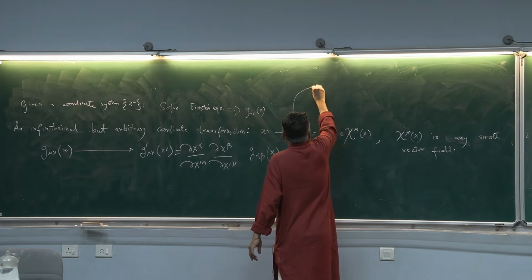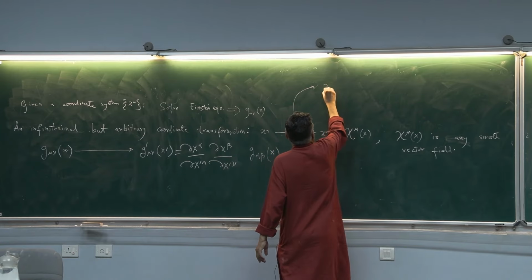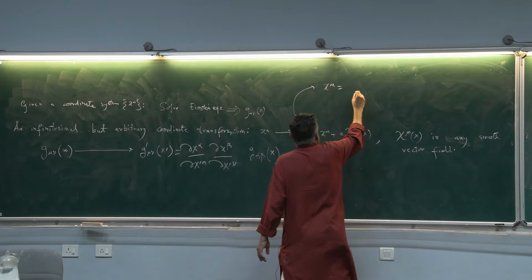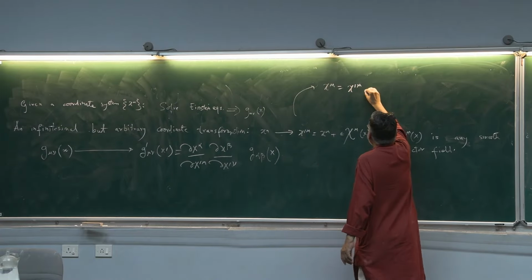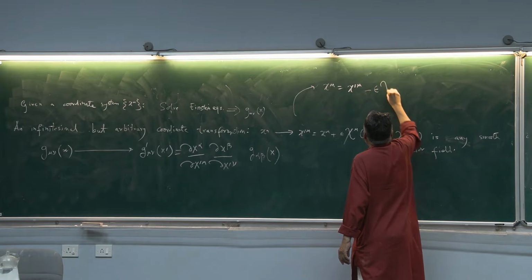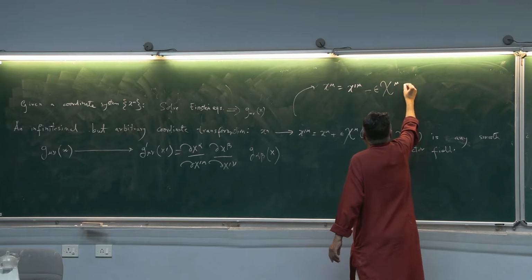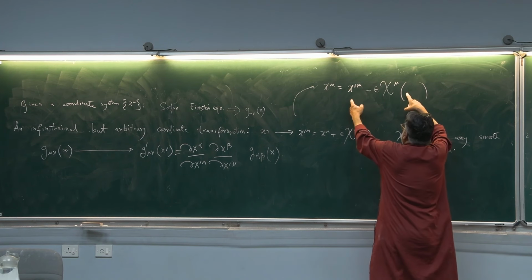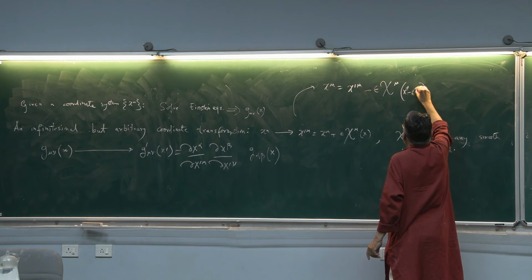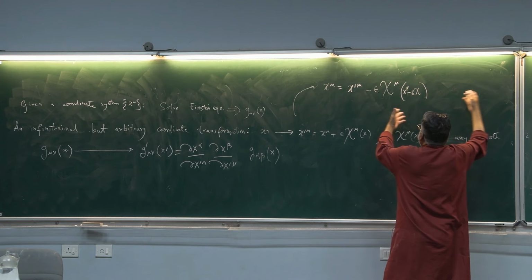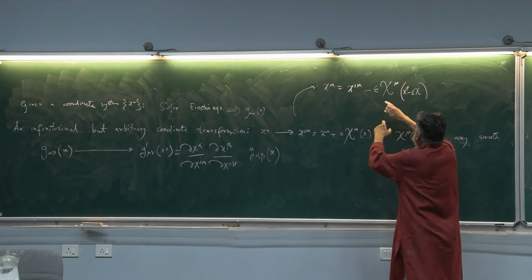You can say from this that x^mu can be written as x prime^mu minus epsilon chi^mu of x, but x is again the same thing, x prime. You can do a Taylor expansion, but epsilon is very small.